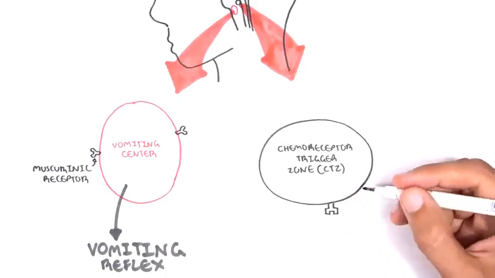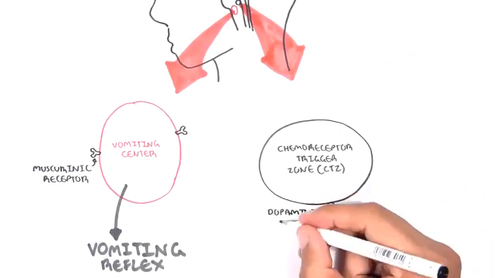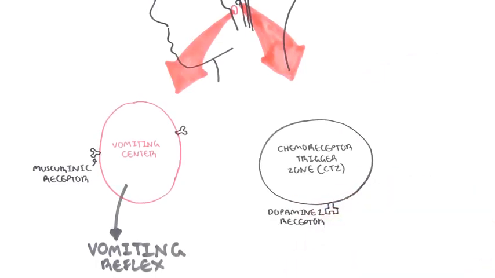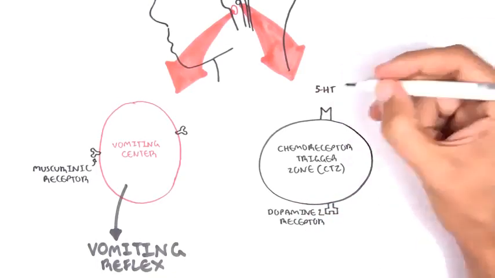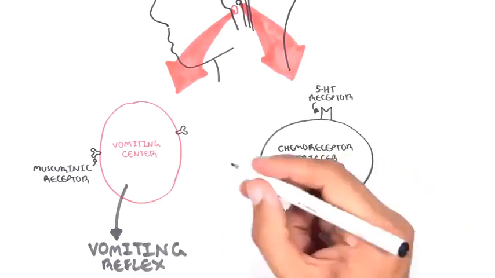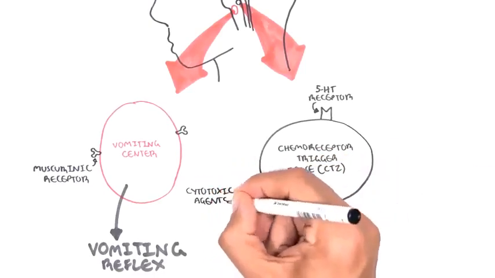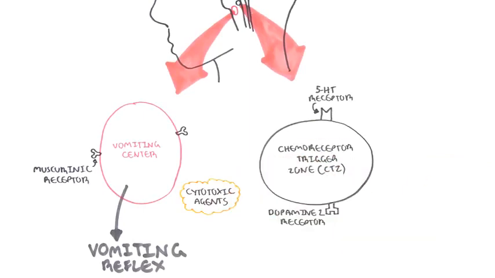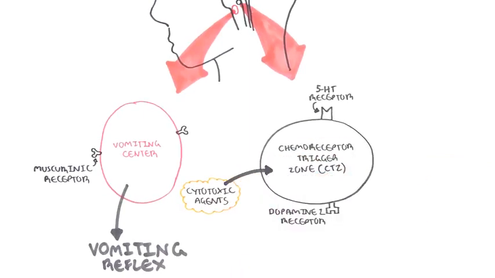And the CTZ contains a few types of receptors, and these are the dopamine 2 receptors and the 5-HT receptors. 5-HT essentially is serotonin, so these are serotonin receptors. It's easy to remember CTZ because we know that chemotherapy stimulates this chemoreceptor trigger zone.